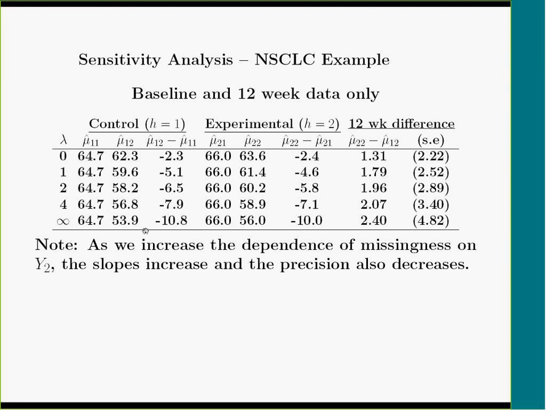If I assume that it's dependent on the value, missing not at random, I get this value, and for different values I get things in between. You can see that as we put more dependence on the post-data, the slope becomes a lot steeper, and it changes a whole lot.